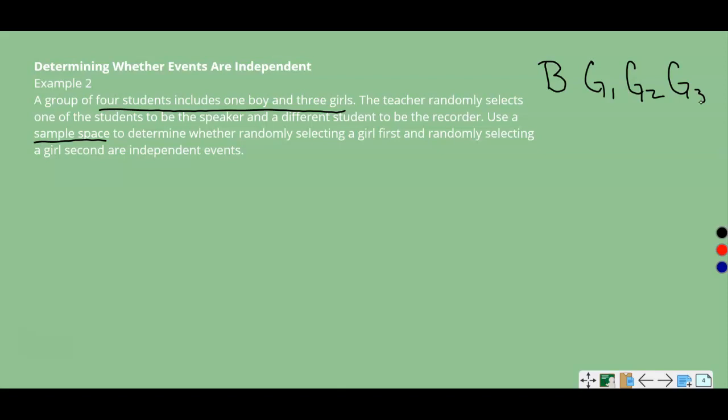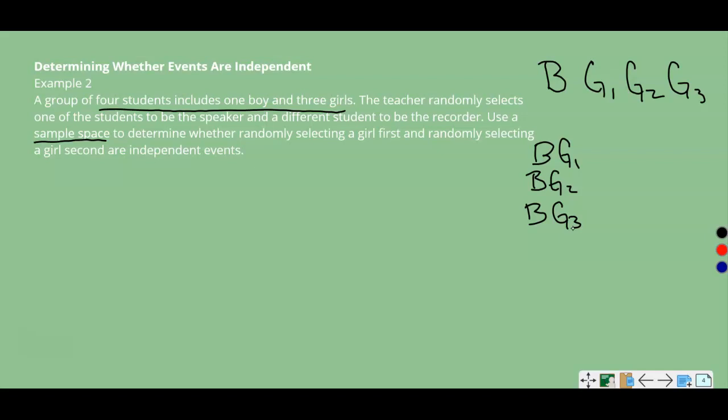So let's say we go with the boy first. So we're going to say the boy gets picked with girl 1, and the boy gets picked with girl 2, and the boy gets picked with girl 3. So that would be all the different possibilities where the boy gets picked first.